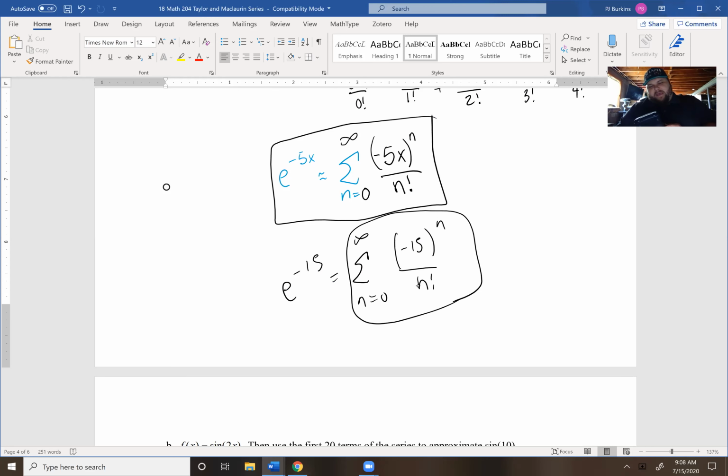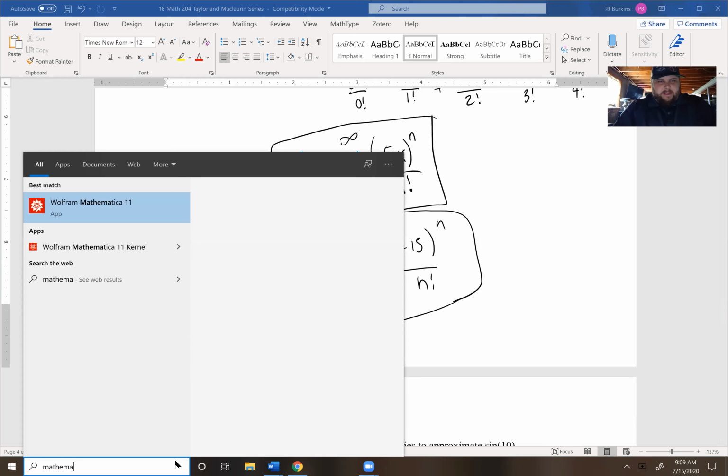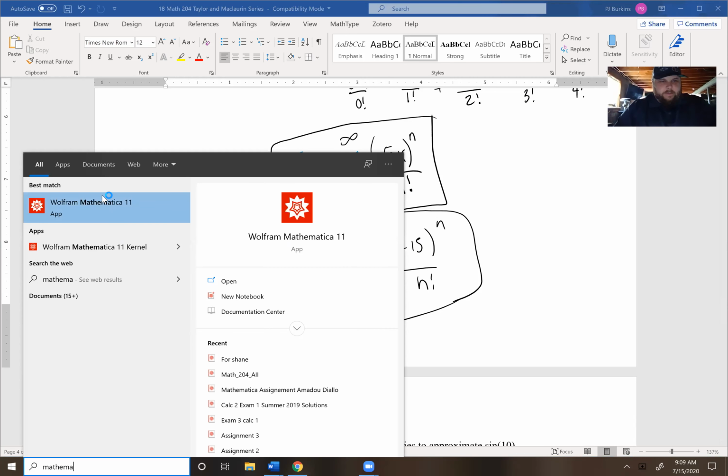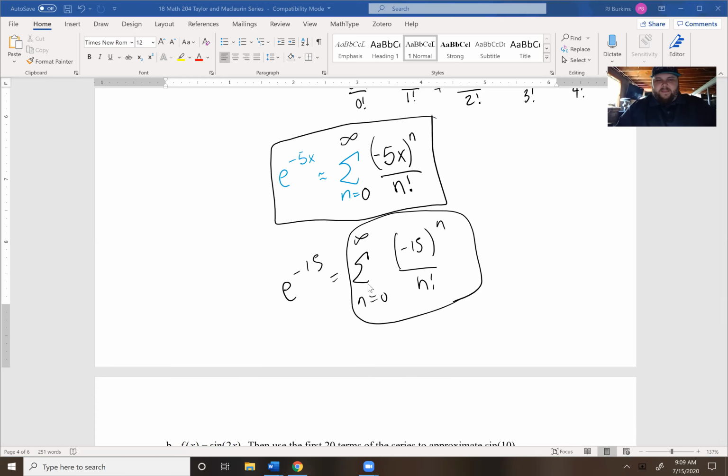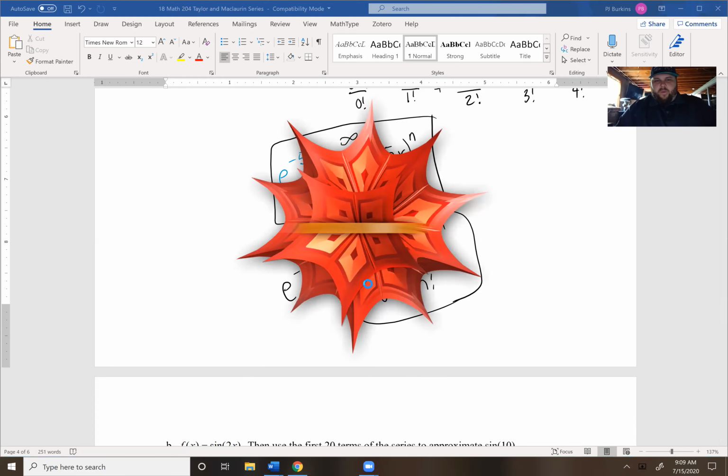Sorry, under the math tab, and then the first option should be, for me, option 10. It's called summation. And it comes up really nicely. So I want you to go ahead and calculate that. And while you're doing that, I am going to plot this function so we can see when it's good to use this approximation and when it's not.